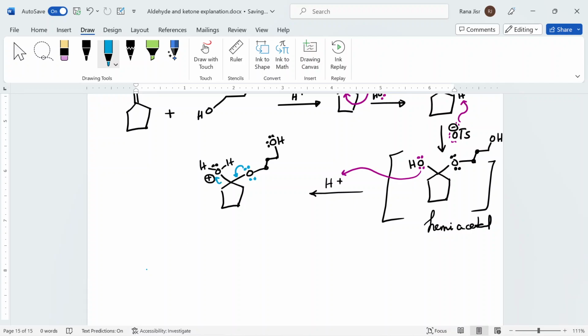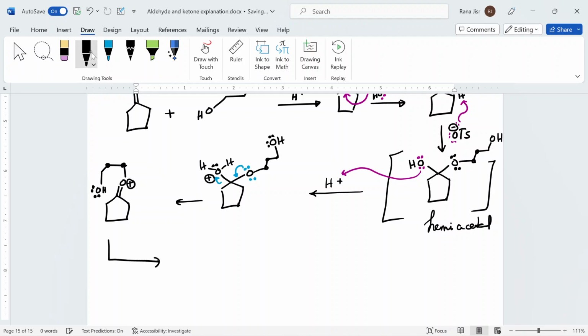I'm going to kick out the water this way. And I am forming my double bond. This is going to be an O. It's going to be a plus charge. And that oxygen is connected to two carbons. This is one, this is two, and then an OH. Okay, here you go. So you can write it like this.